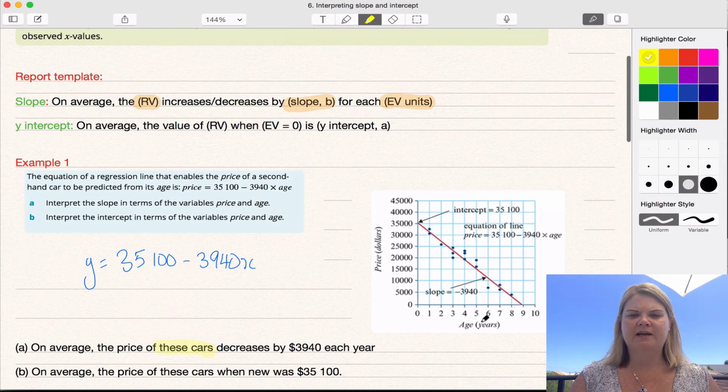So we're looking at here where it equals 0, the response variable is along here. It equals 0 on the y-axis, and the intercept is here, and the intercept is 35,100. If you're looking at this equation, it would look like this. It's a number that's not multiplied by the explanatory variable.